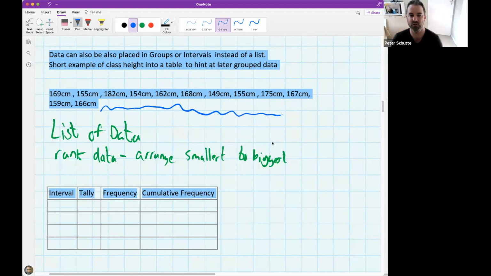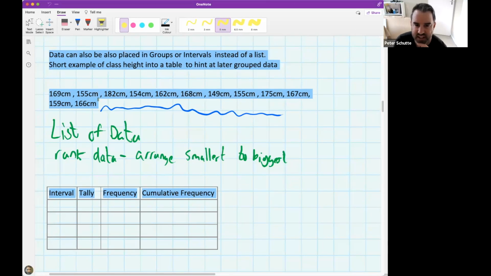What intervals do you think would be a good way to summarize this list of data into a table? Put your answers in the chat, or you can raise your hand. Morgan has said going in tens. I agree, Morgan.